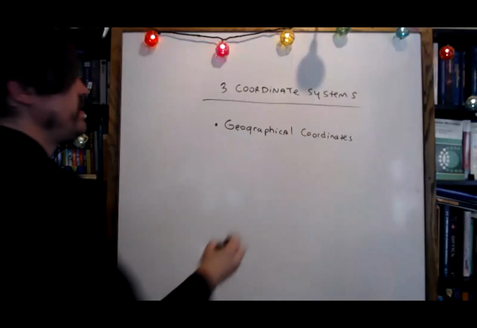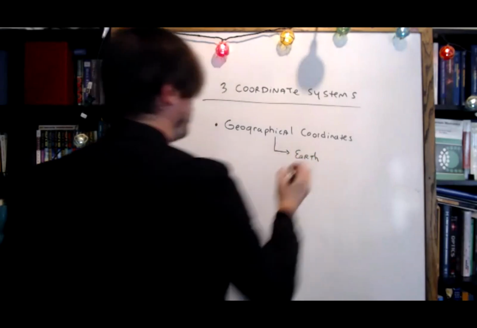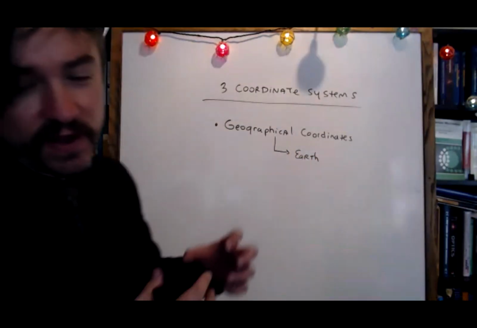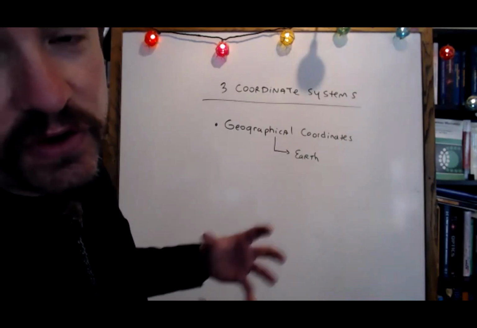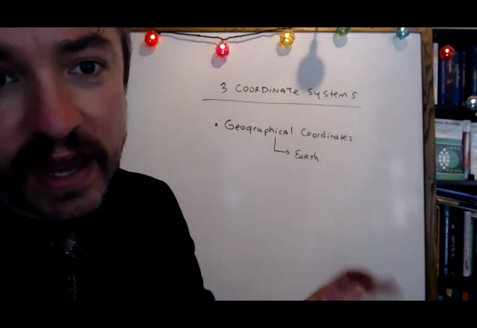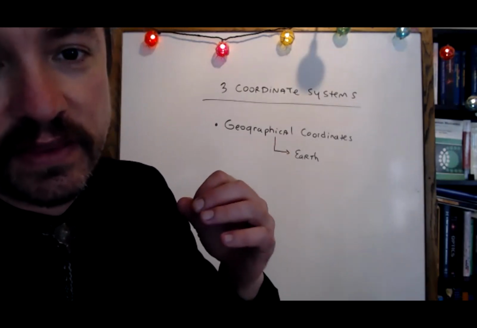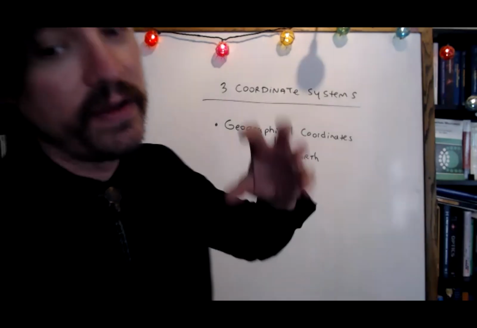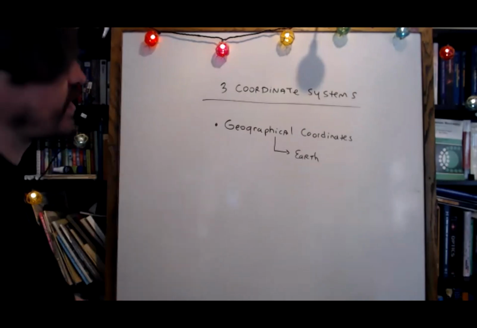Geographical coordinates help you locate yourself on Earth. As you may have gotten the sense of, where you are on Earth will determine how stars move through your sky. The path of a star through the Rhode Island local sky is totally different than the path of a star at the North Pole's local sky or at the equator's local sky. So we need to kind of review where you are on Earth.